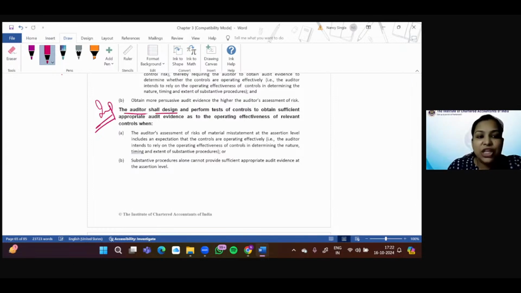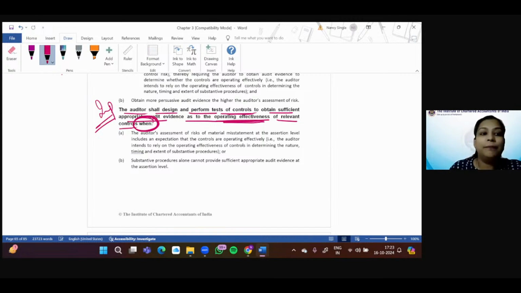The auditor shall design and perform tests of controls to obtain sufficient appropriate audit evidence as to the operating effectiveness. Understanding of relevant controls has been taken in SA 315 now.